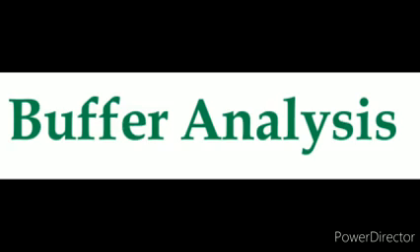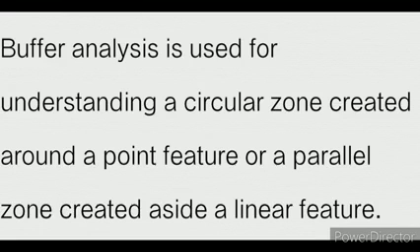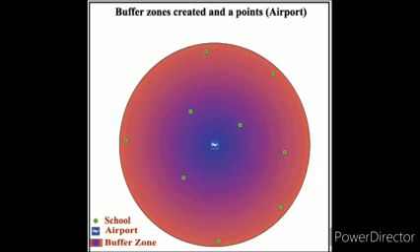The second mode of analysis, that's buffer analysis. Buffer analysis is used for getting the features of a circular zone created around a point feature or a parallel zone created aside a linear feature. Look at the picture given.